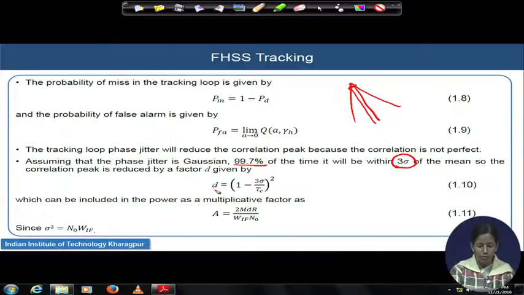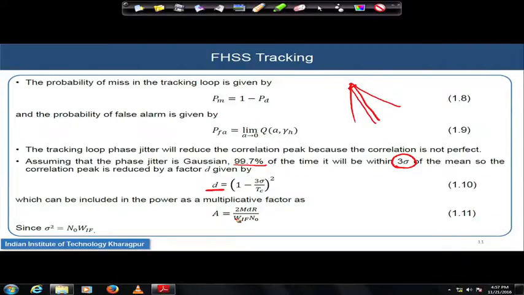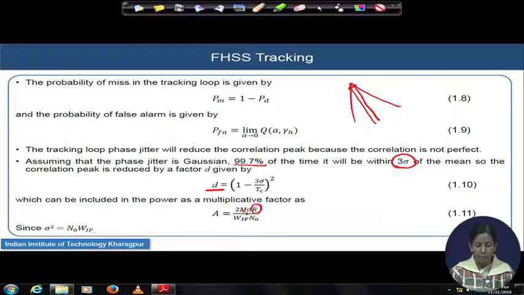Now, by this factor the signal power will be reduced from the peak value. So I can multiply R, which was the power of the received signal; you are not getting R, you are getting a fraction of R now. Capital M is the number of times you are integrating over, and WIF will be 1 by the hopping time period of the first frequency hopping.